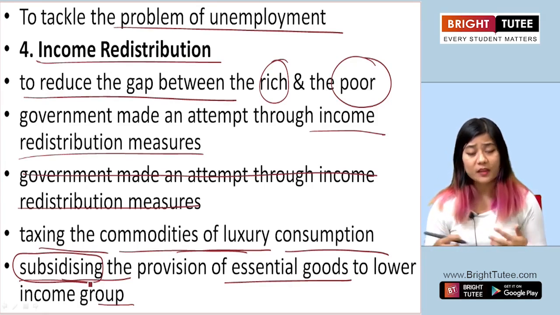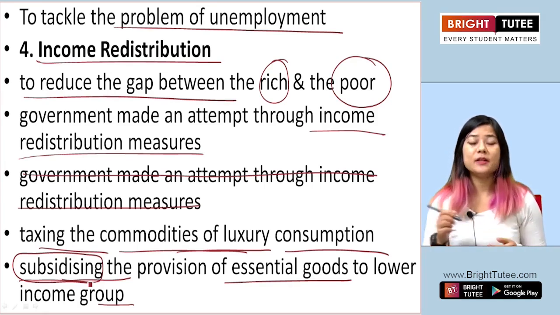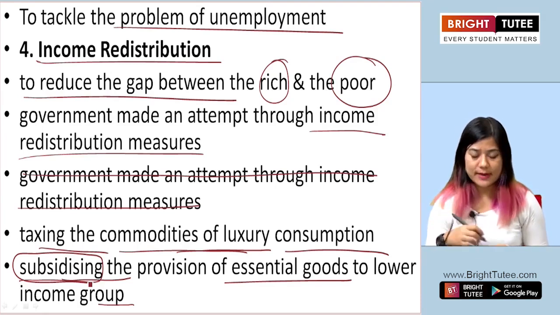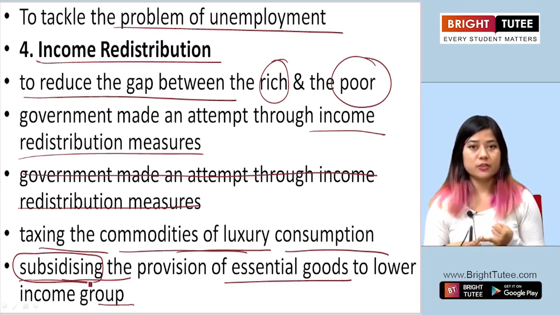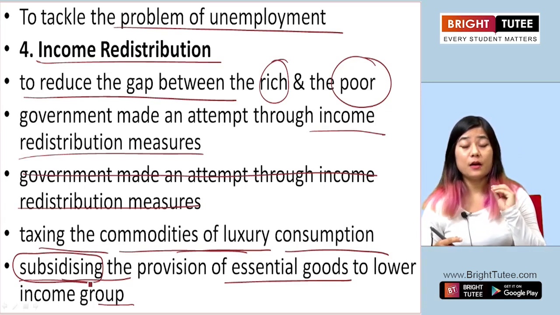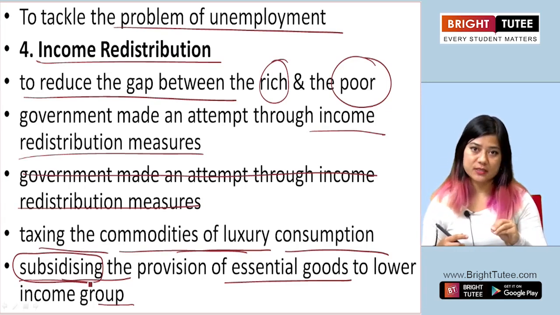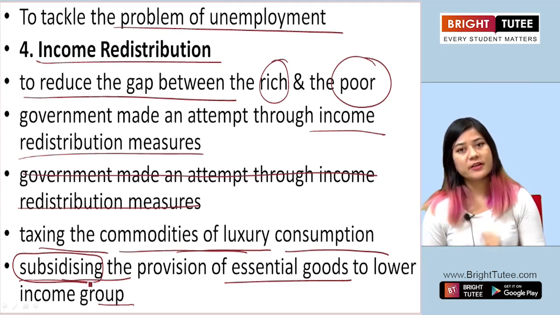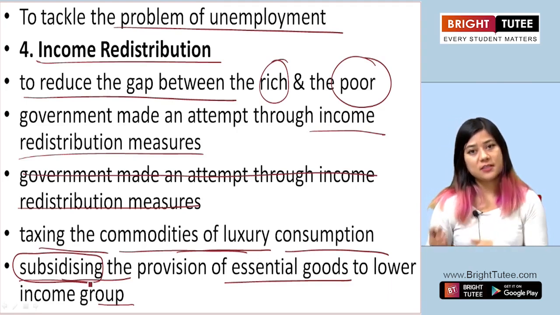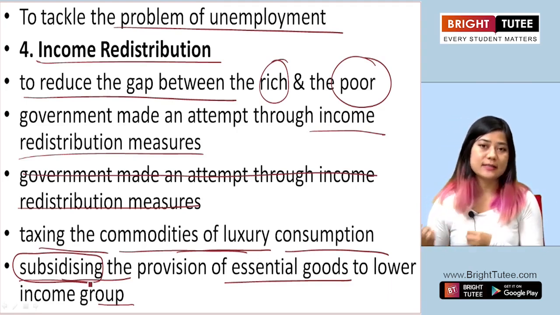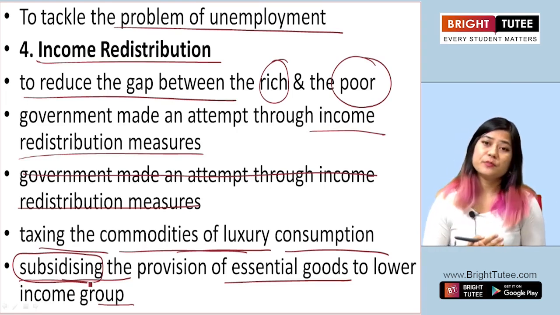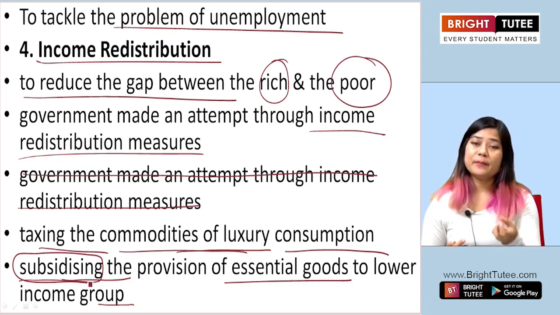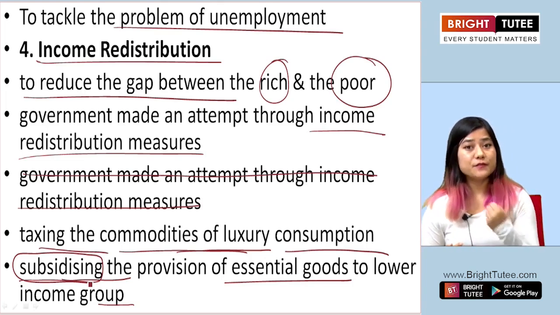If a pen, for example, a normal pen, everyone uses a pen, whether you are rich or poor. But imagine if you are rich, you can easily buy a pen which is 50 rupees. But if you are a rickshaw puller and you have a son who goes to school and he needs a pen, the rickshaw puller earns only 30 rupees per day, but the price of the pen is 50 rupees.